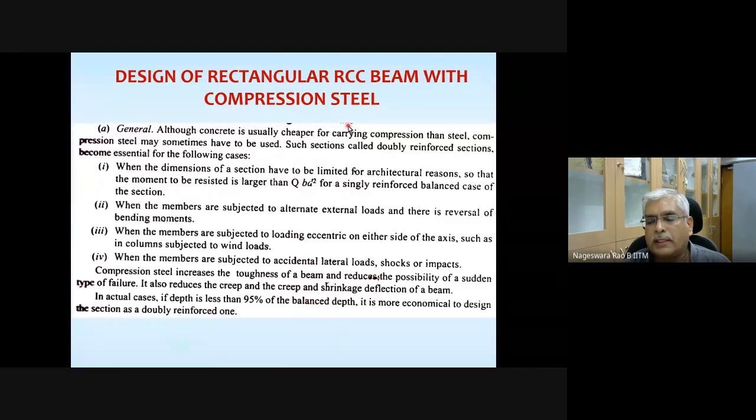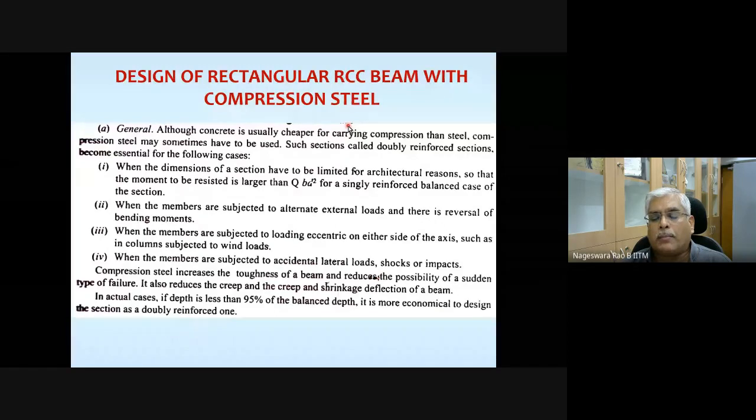For that difference in moment, we provide additional compression steel as well as additional tension steel, because the resisting moment is generated only if you have equal and opposite forces separated by a lever arm.